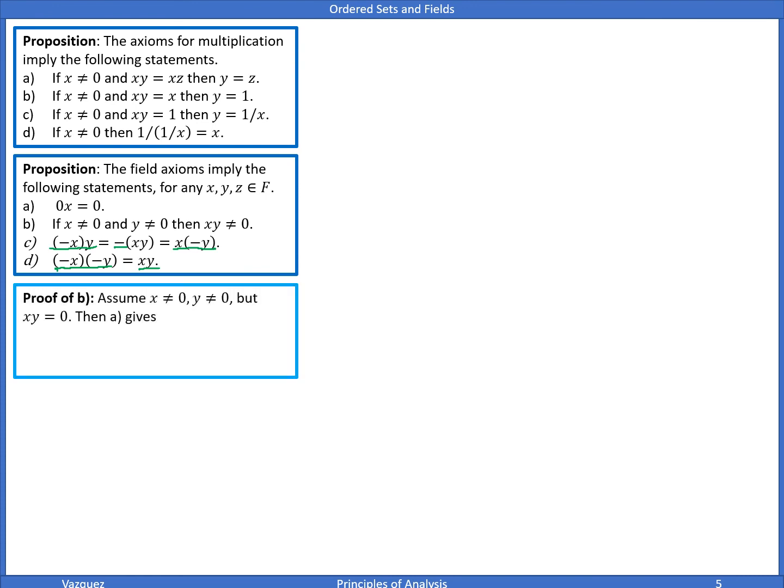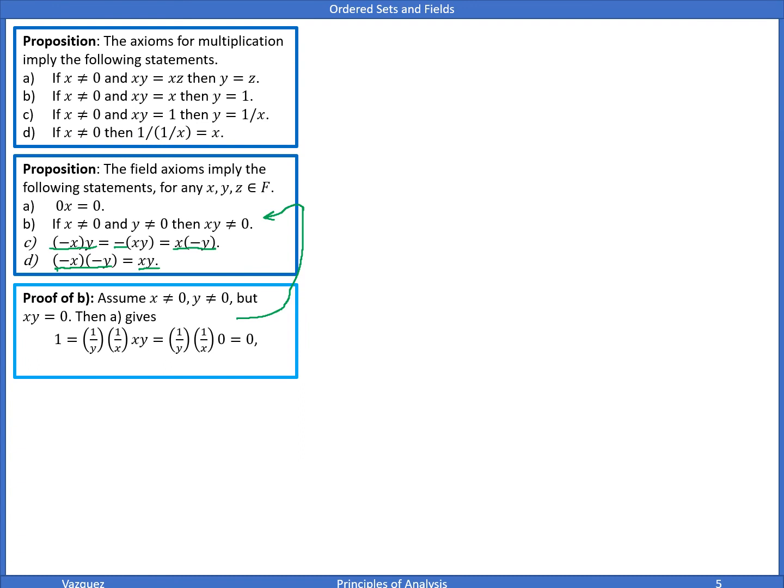So here comes the proof for b. For this one right here, assume x and y are not equal to 0, but that x times y is equal to 0. Right, so we're going to get a contradiction here.